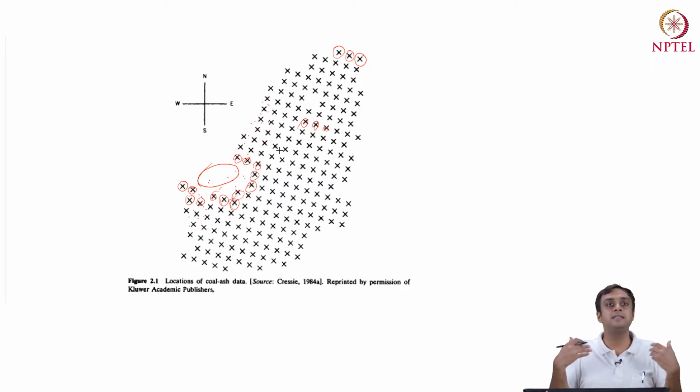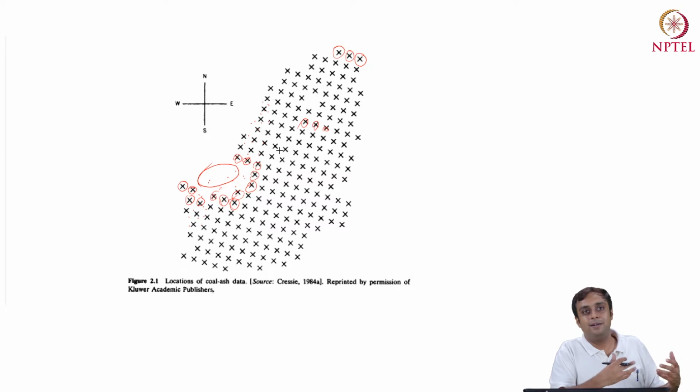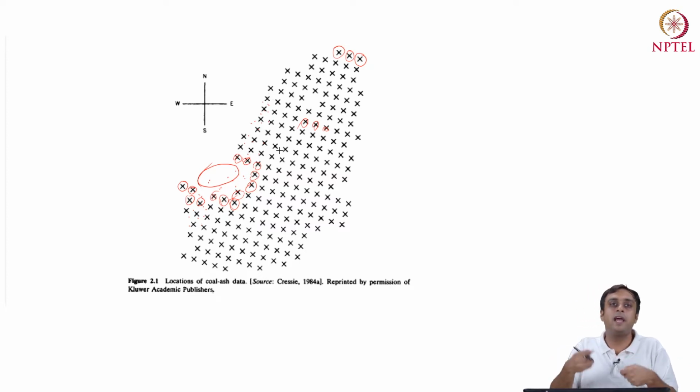So the idea is that we cannot go out and actually sample every location in space. It is extremely costly, it's almost nonsensical. It's one of the reasons why when India does its decadal census, it can only sample a certain percentage of the population. It is not possible to go out and collect survey data from every individual or every household in India, right?